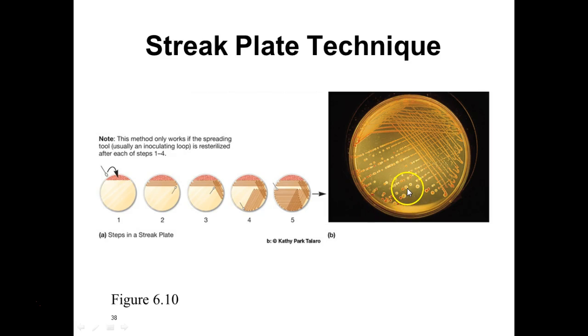So now you see you have what we call isolated colonies. Colonies all by themselves, not touching other ones. And if they truly arose from a single cell or a single species, it would be a pure culture. As I said, depending, you would have to do additional tests to be sure that you've achieved separating out these organisms. You've generated pure colonies or pure cultures.